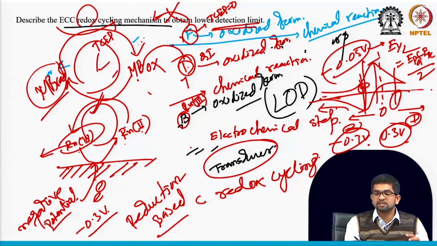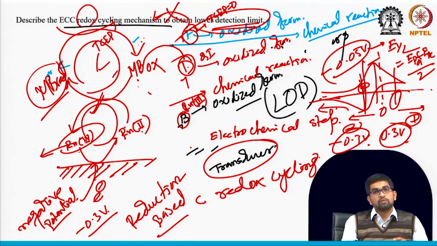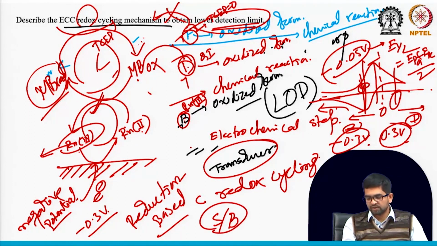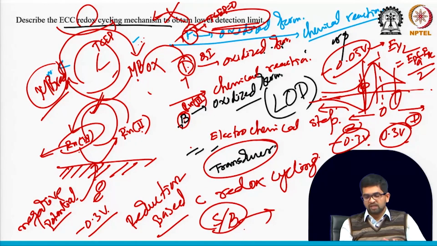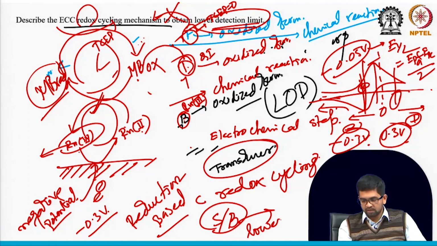Very high current means you can amplify the signal, easily improve your signal to background ratio, and get lower limits of detection.